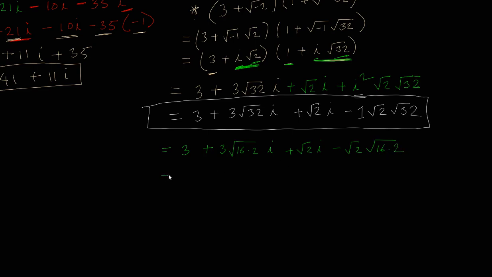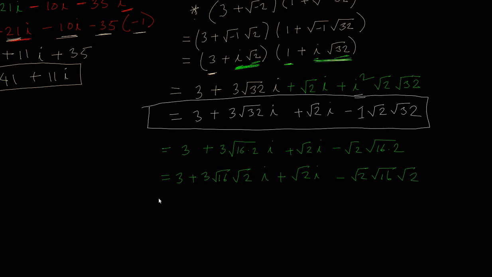Okay, so what I have, 3 plus 3 square root of 16 square root of 2 i plus square root of 2 i minus square root of 2 square root of 16 square root of 2.